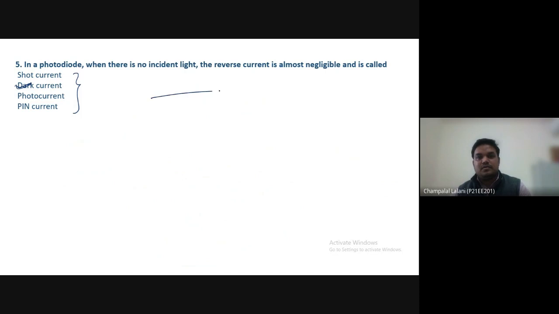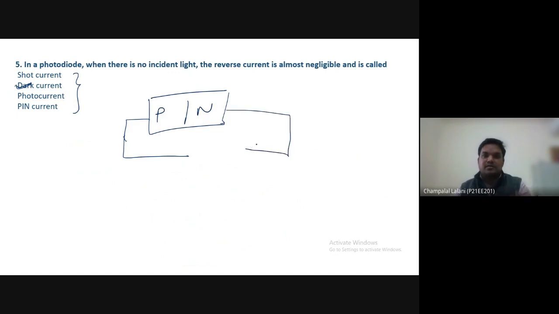This is like a photodiode, PN. This works in reverse bias. See, photodiode or whatever diodes are used for the reception part, like PN or PIN or avalanche photodiode, general photodiode, all these are used in reverse bias. And whatever is used as a source, like LED, lasers, these all are used in forward bias.